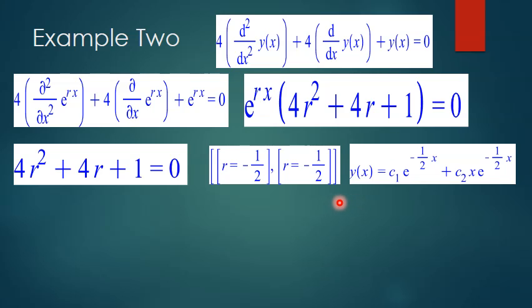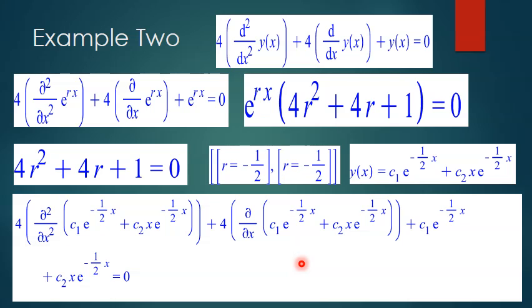And what I need to do now is verify if the solution is correct. The way I need to do that is I've got to plug it into my differential equation. So I got to take the first derivative again and the second derivative.